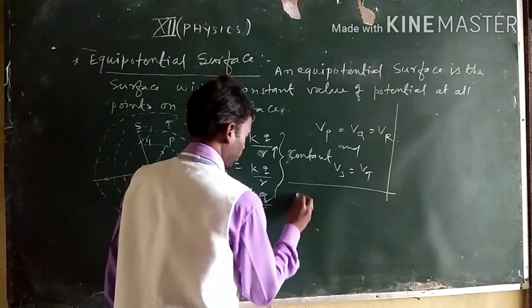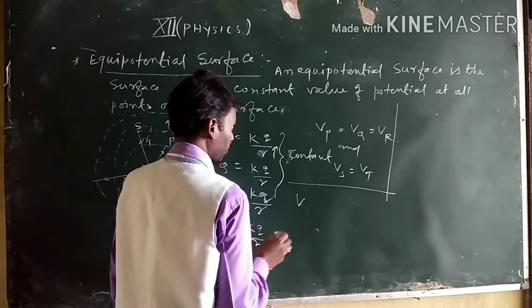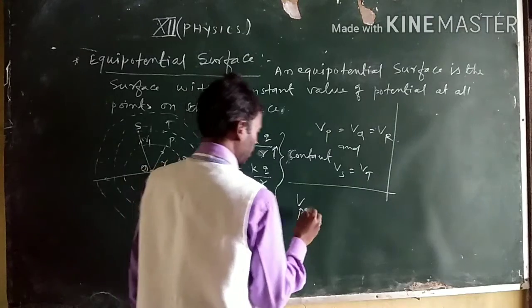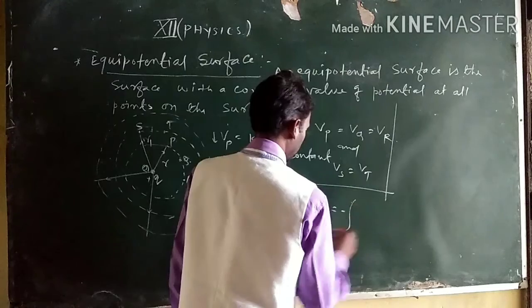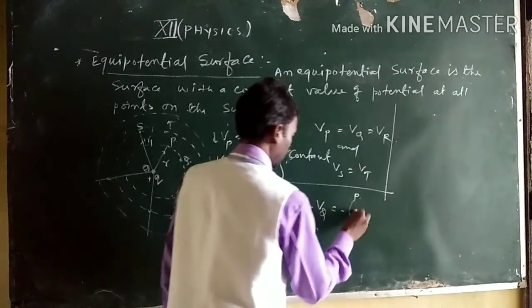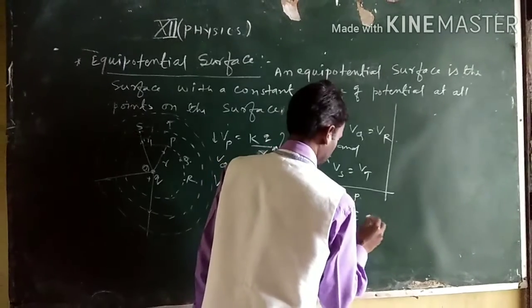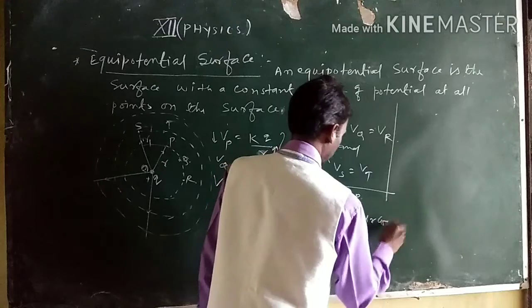The potential at P minus the potential at Q is equal to minus the integration from Q to P of E dr cos theta.